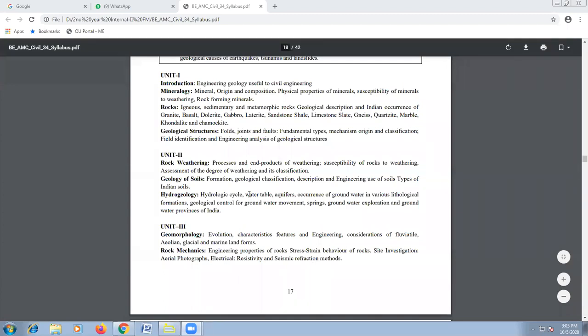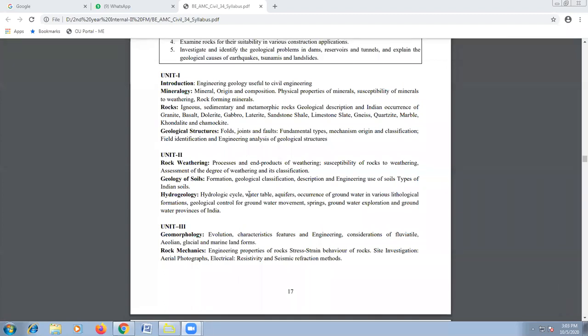Okay, so let us begin with our topic for today, that is geology of soils. The first topic, as you can see, deals with the formation of soil. Now you might have heard about weathering in the previous session.